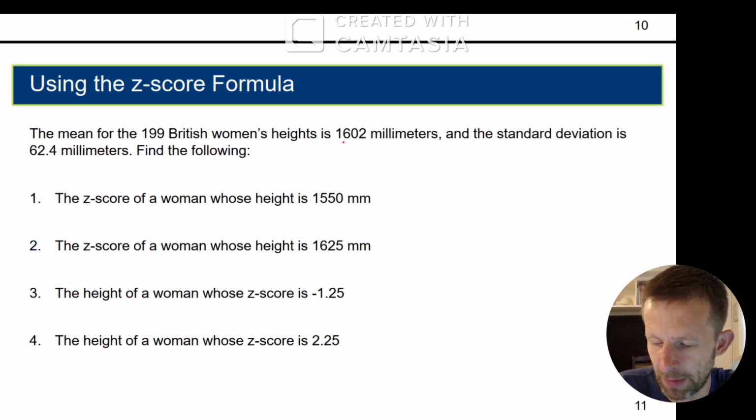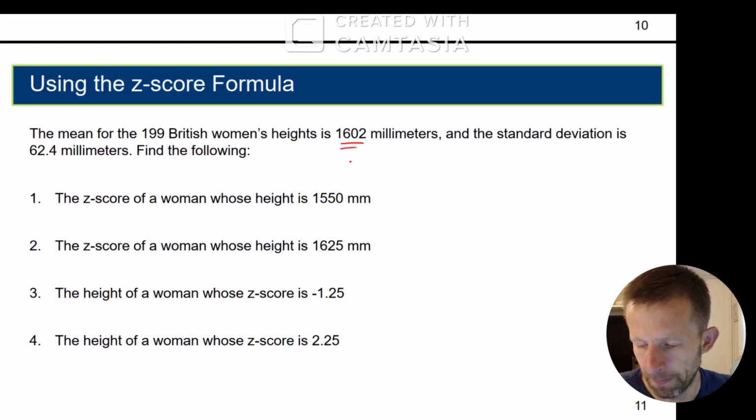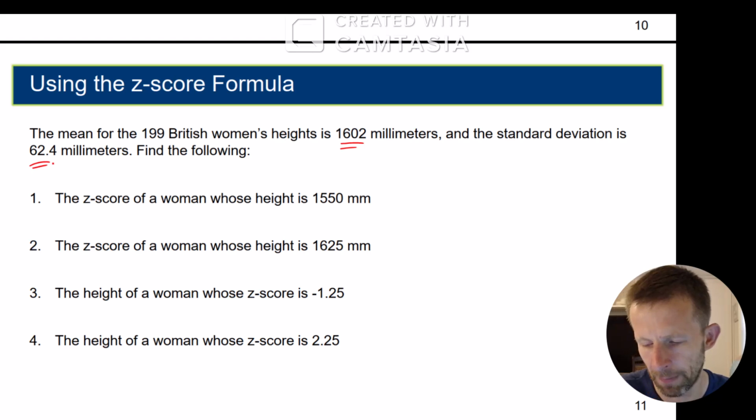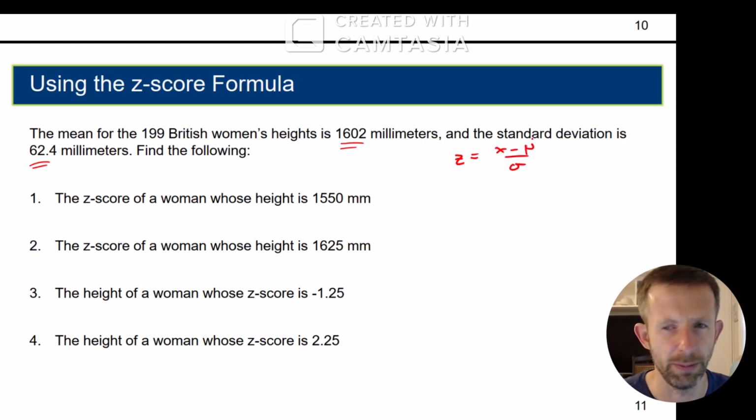I have my mean at 1602, my standard deviation at 62.4. I know this is from the sample, but I'm just going to use the z-score formula of x minus mu divided by sigma. I know this is population, but we're just going to use that for this.